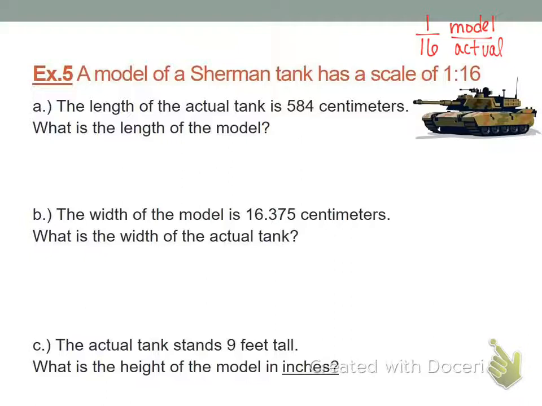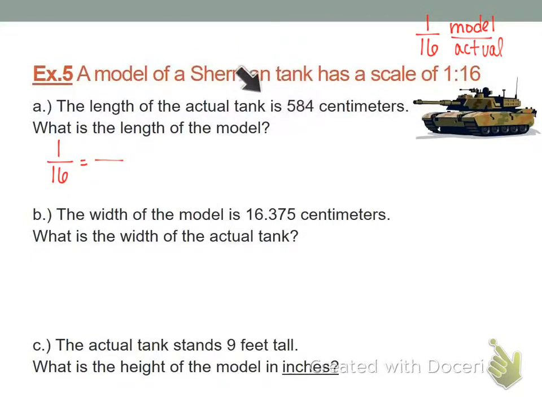Well, one way we could do this would be, yes, to take 1/16. The other way would be to set up a proportion. So I'm going to show the proportion way just so you get familiar with how to set these up if the numbers aren't always as easy to work with.